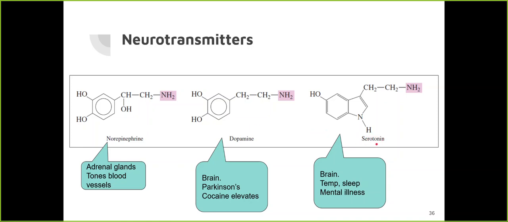Serotonin is also produced in the brain. It is used to regulate body temperature and sleep. And serotonin is often used in treatment of mental illness. So some forms of mental illness are due to the body not producing enough serotonin in the brain.